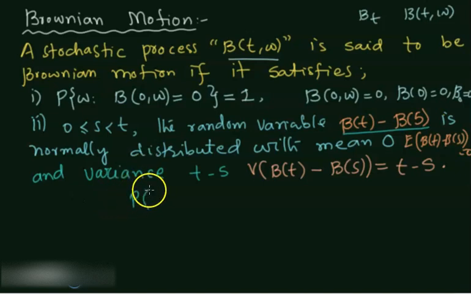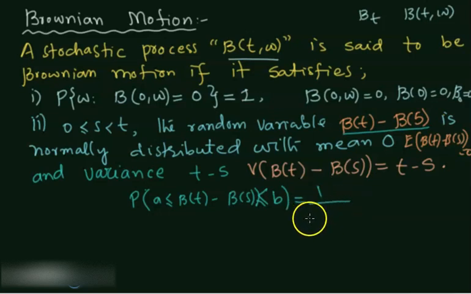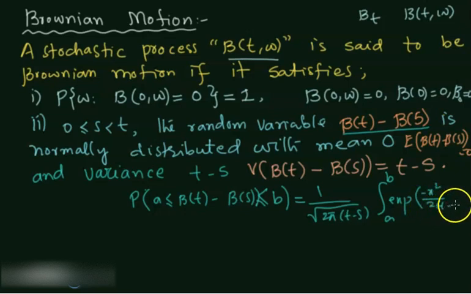The probability of a less than or equal to beta of t minus beta of s being less than or equal to b is equal to the normal probability distribution, 1 over square root of 2 pi (t minus s), integral from a to b of the exponential of minus x square over 2 times (t minus s) dx.